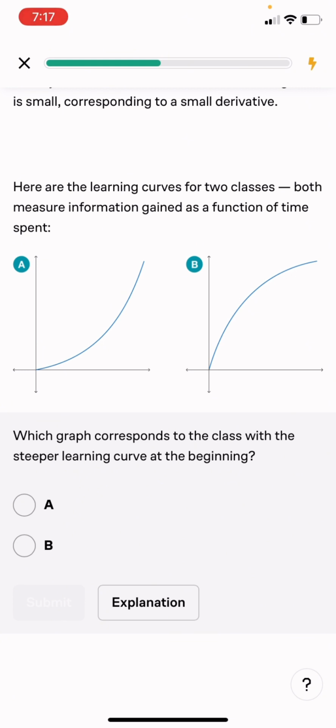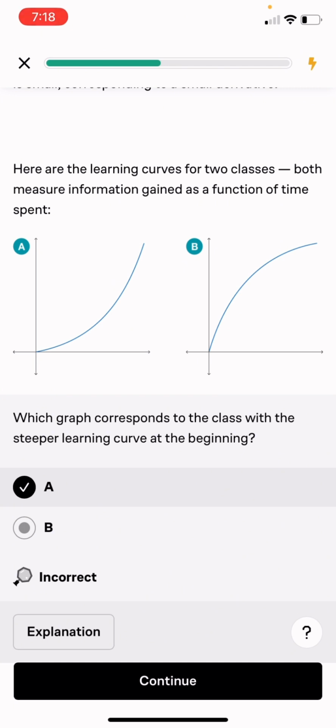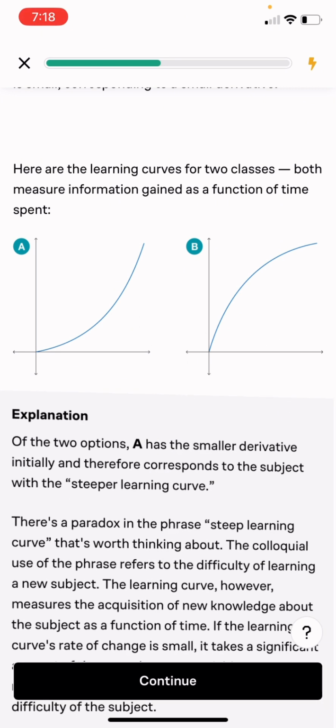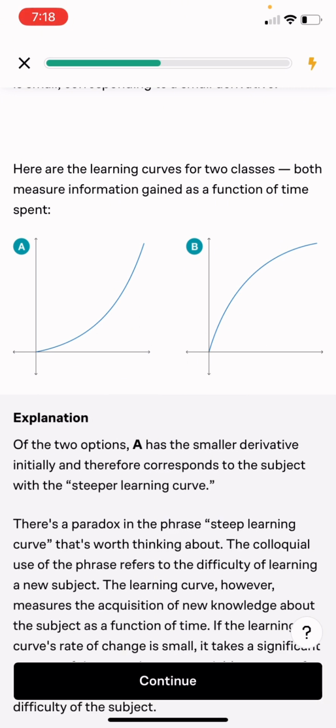There's a fair paradox in this phrase, steeper learning curve. That's worth thinking about. The colloquial use of the phrase refers to the difficulty of learning a new subject. The learning curve, however, measures the acquisition of new knowledge about the subject as a function of time.